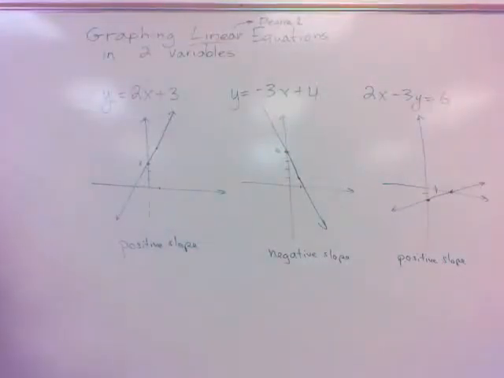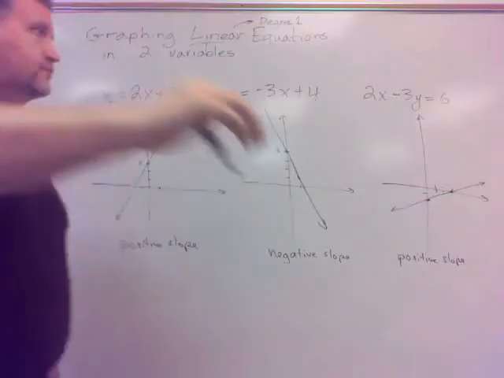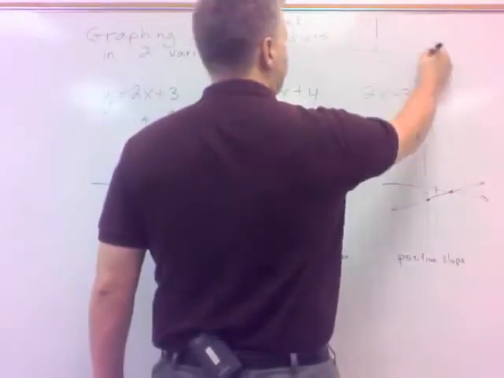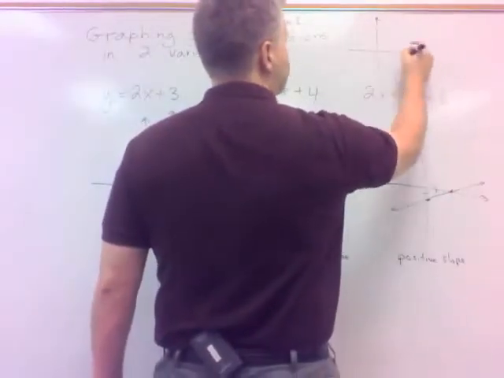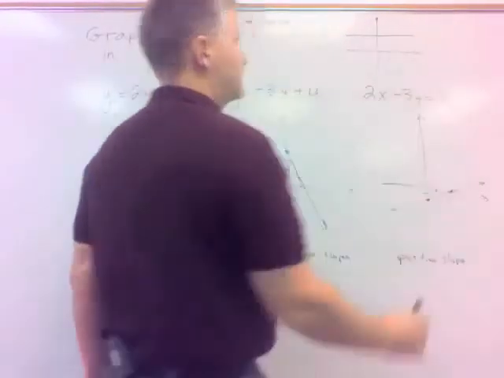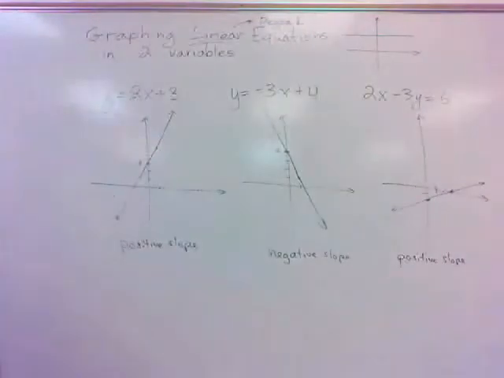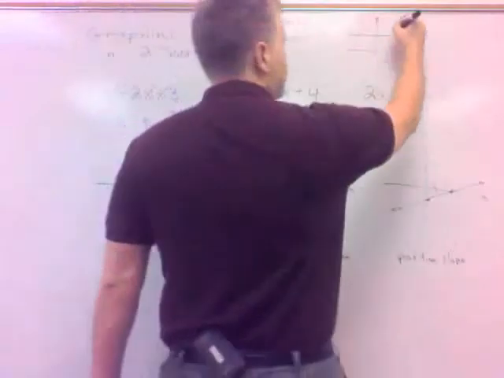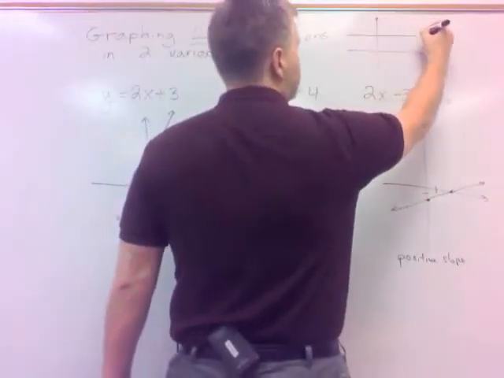Now, let me go ahead and also mention here that there are two other types that we could have besides positive and negative slope. We could have a straight, flat line across there. This is your x, this is your y, and you have a straight across line, a horizontal line. That slope turns out to be 0.